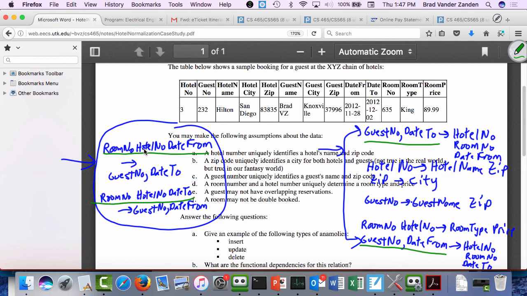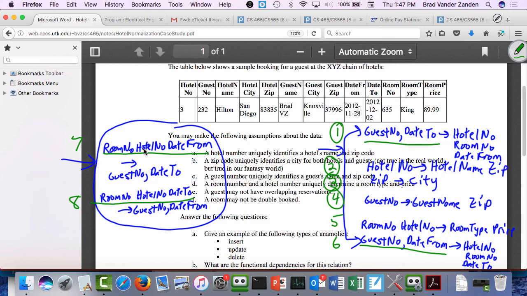So we will number them now. 1, 2, 3 is zip code, 4, 5, 6, 7, and 8. Which of those functional dependencies is a partial dependency?